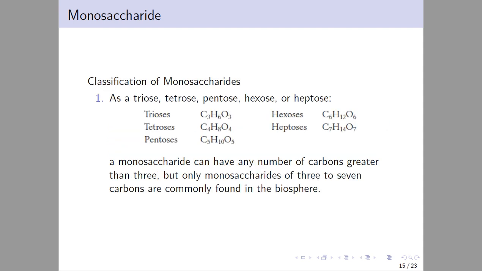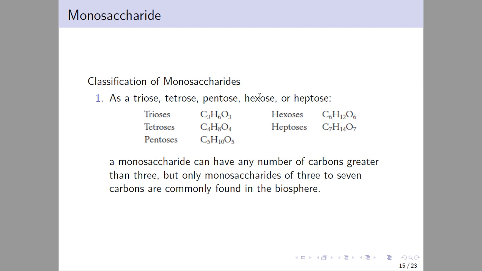Okay, so how can we classify the monosaccharides? We can have a chain up to 100, 200, 300, 400, but the most common ones are the triose, tetrose, pentose, hexose, and heptose.